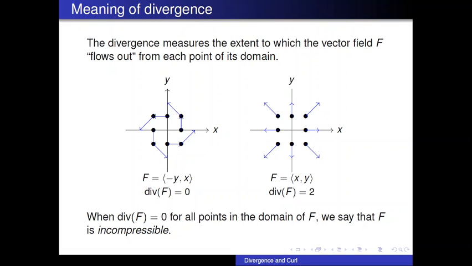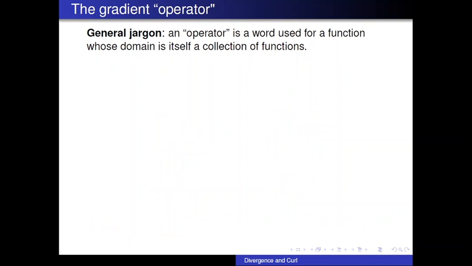There's a slightly easier way to write the computation for divergence using this thing called the vector gradient operator. Whenever you hear this buzzword operator, in mathematics at least, it's typically a function whose domain is itself a collection of functions.